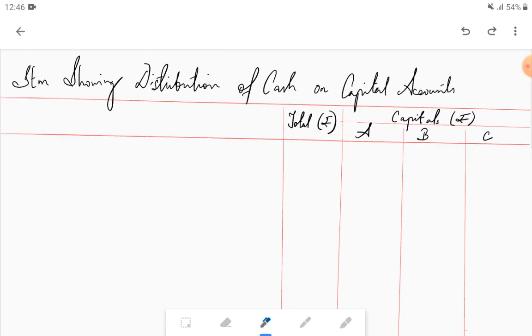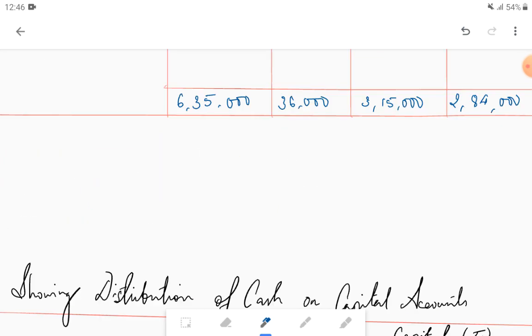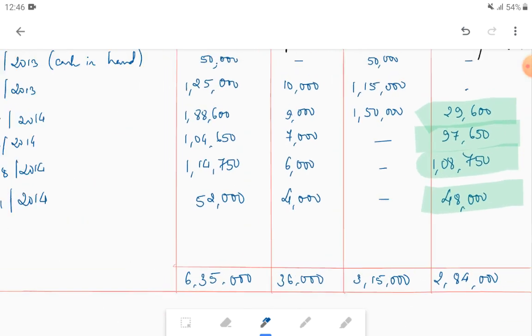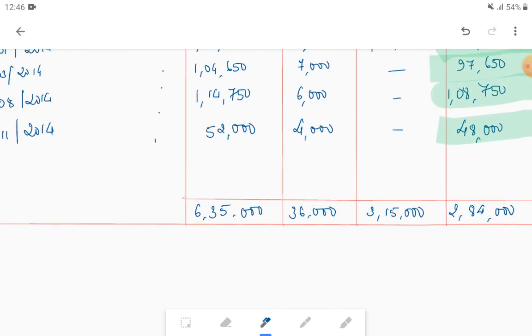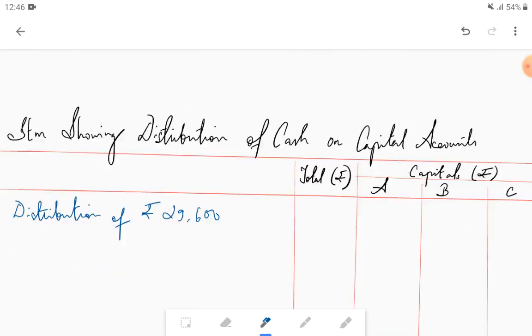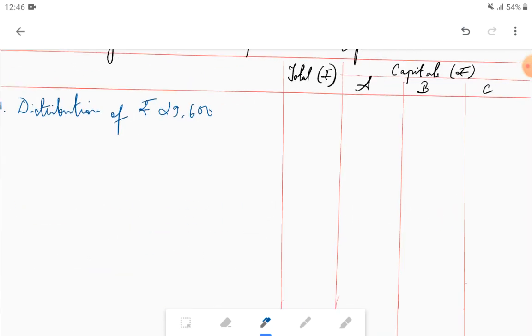So under the particulars column, firstly, it'll be distribution of the first amount that we are having, distribution of rupees 29,600. Remember, this is the amount that we're getting here, rupees 29,600, after we've paid off the various amounts due upon your different expenses.